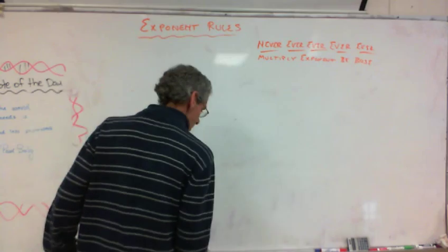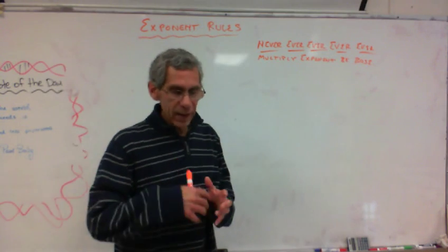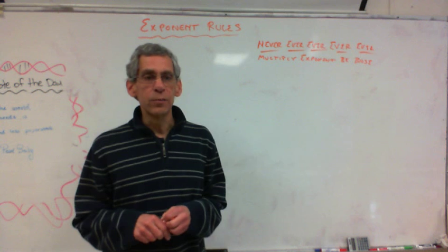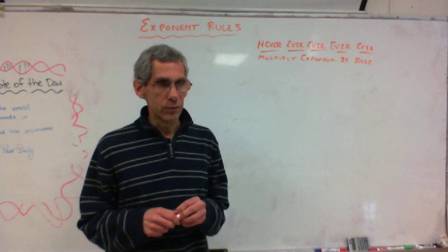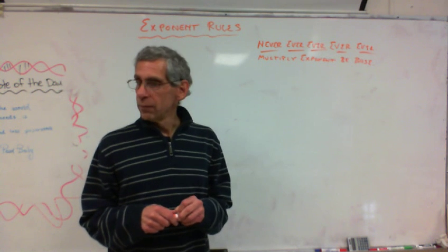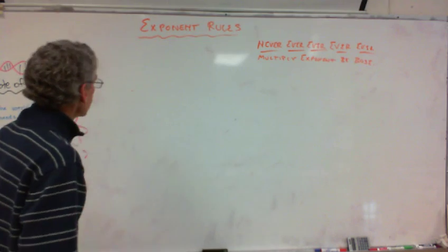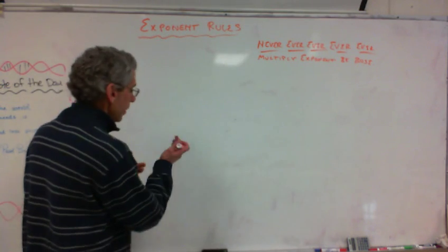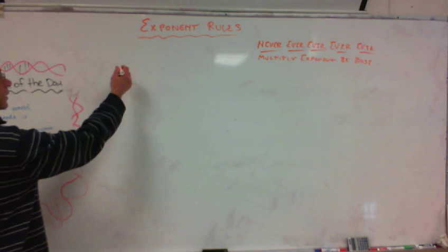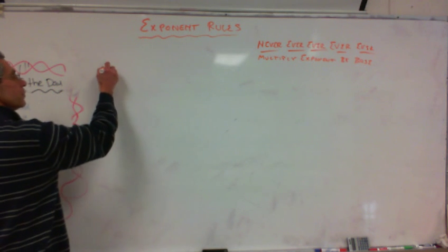Now, my guess is most of your experience with exponents has been with numbers and not with variables. I'm guessing that some of you have had it with variables as well. But let's look at a simple situation. This is our first example.